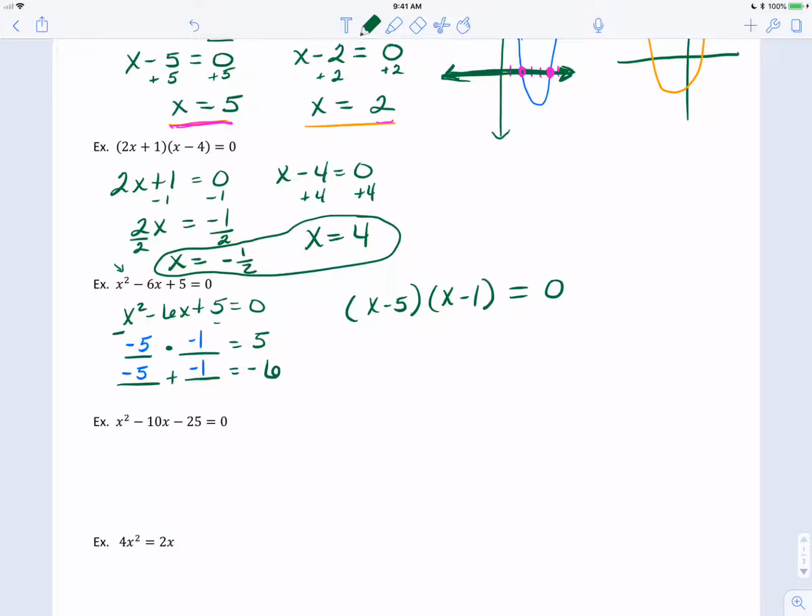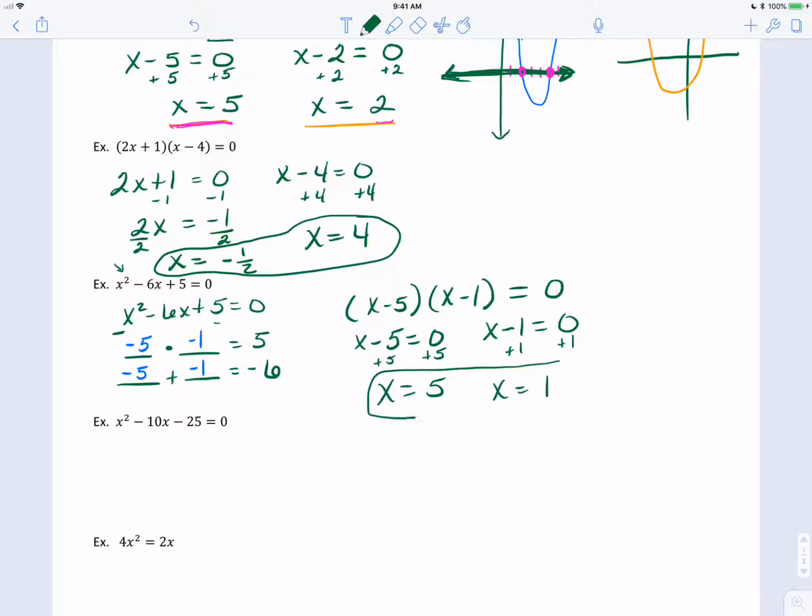And that product rule says either one of those could be equal to 0 in order for that whole thing to equal 0. So we set each one of those factors equal to 0 and we solve. So x is 5, add 1 to both sides, x is 1.